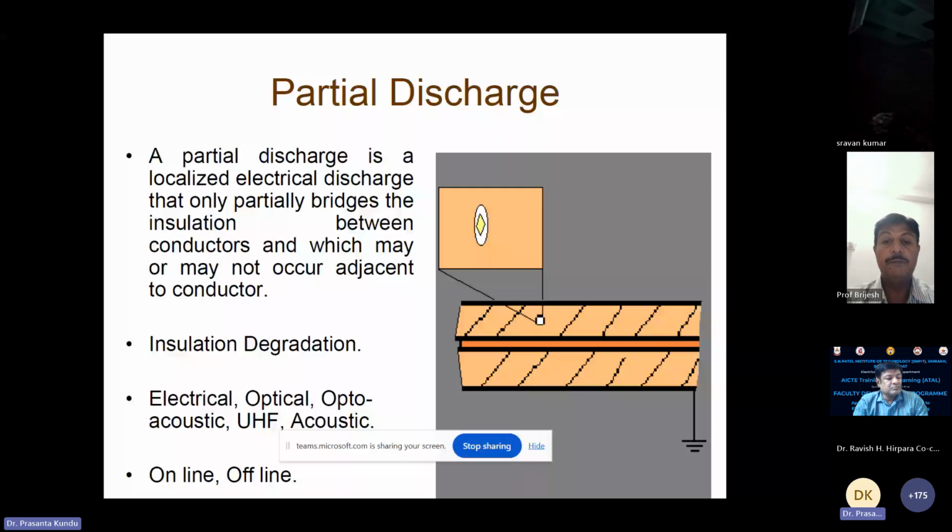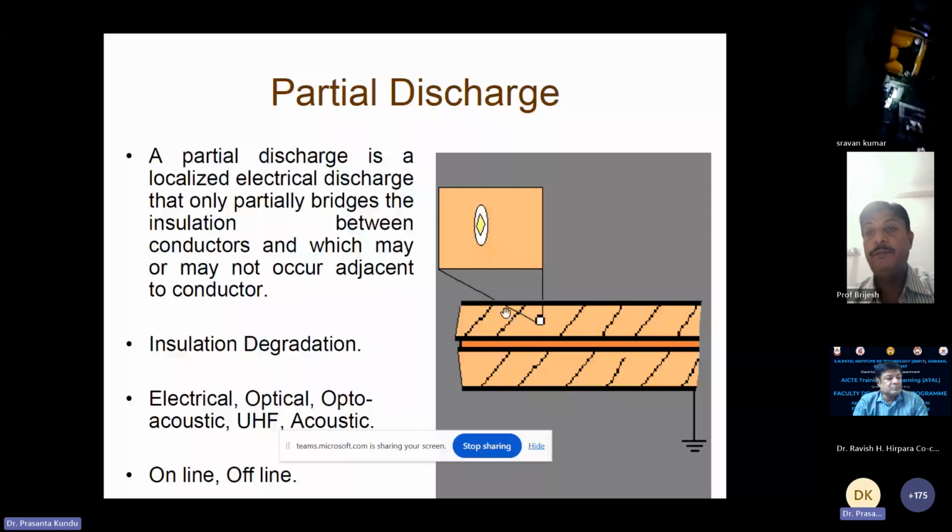It signifies that this is a high voltage phenomenon, which basically occurs in the insulation. Wherever the localized electric stress exceeds the breakdown strength of that material, there will be discharges.